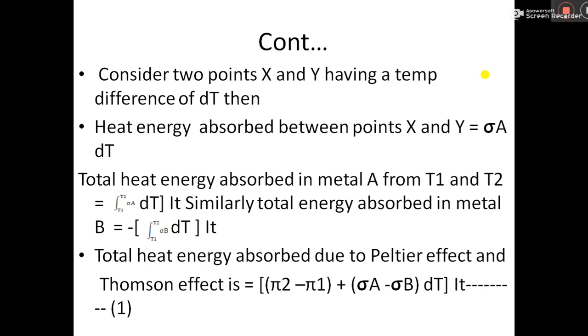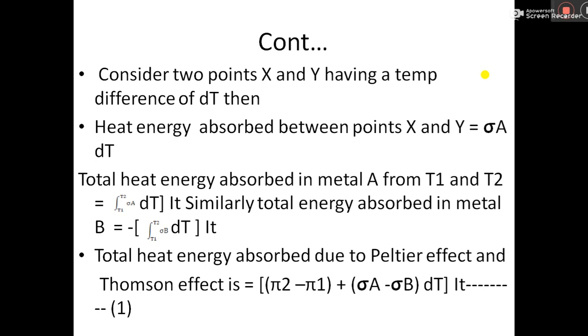Due to the Thomson effect, heat energy is absorbed in metal A, in which current flows from lower temperature to higher temperature, and heat is liberated or evolved in metal B, in which current flows from higher temperature to lower temperature.